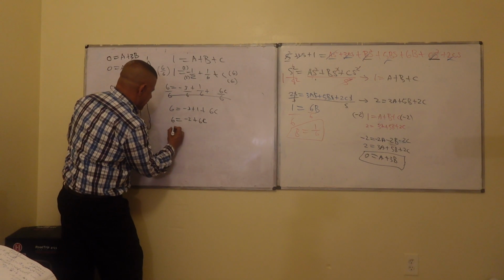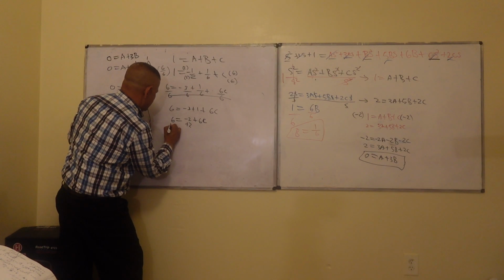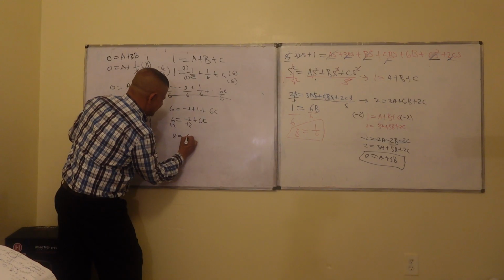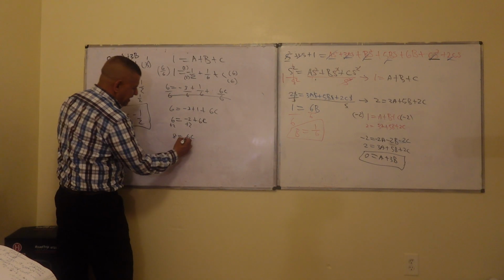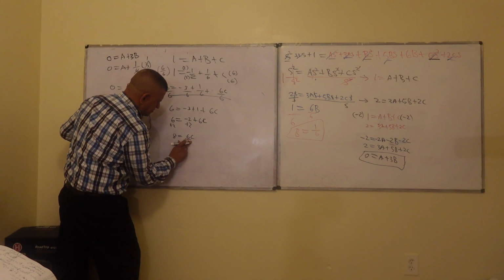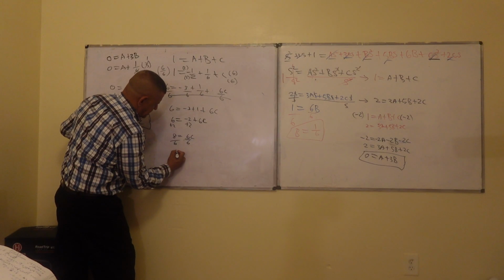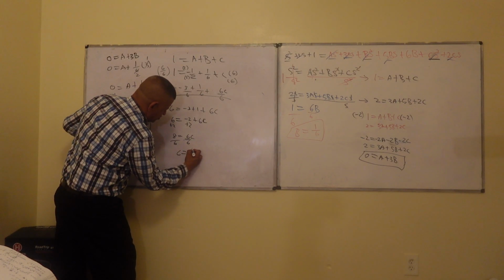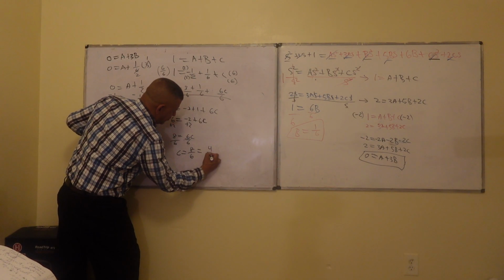Move that to the other side and I get plus 2, and I get plus 2, and I get 8 is equal to 6C, right? Now, divided by 6 on both sides, and I get that C is equal to 8 over 6 or 4/3.